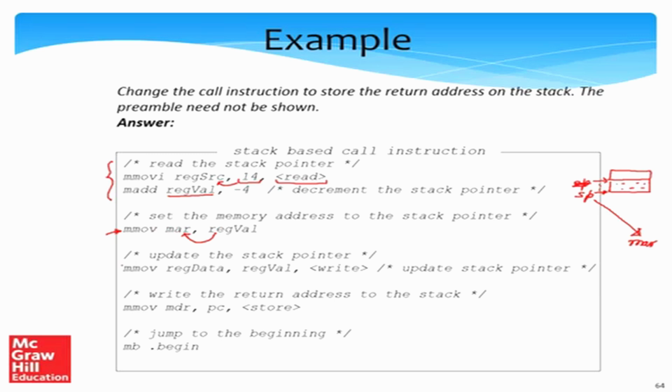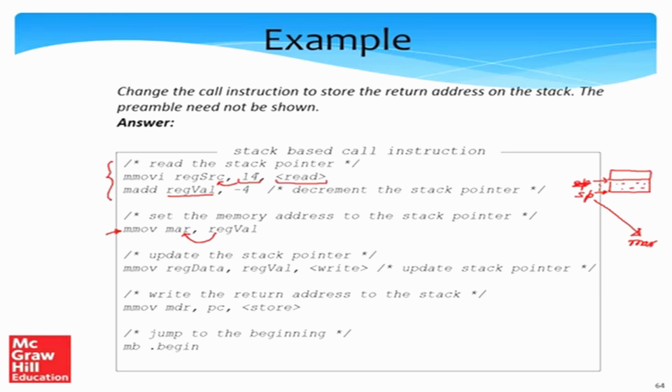Now let's come back. Now that the stack pointer has been updated, it needs to be written back to the register file. Which register are we writing it back to? We are writing it back to whatever is stored in reg source.